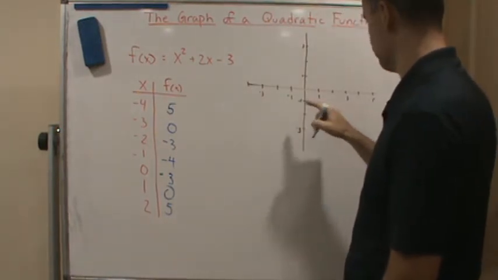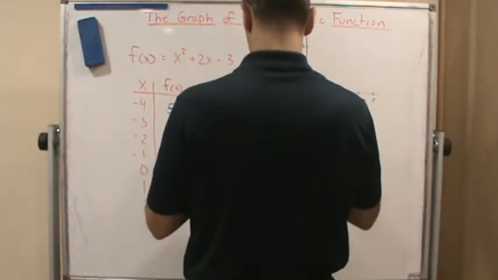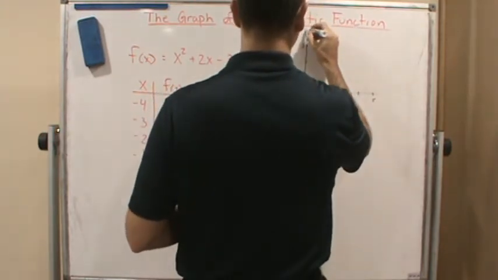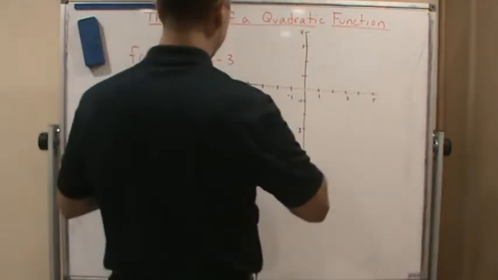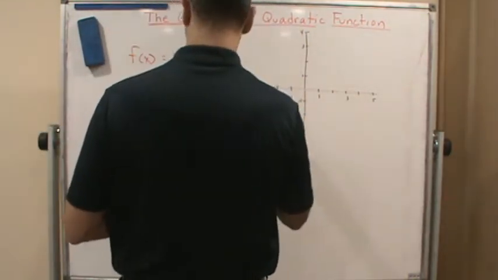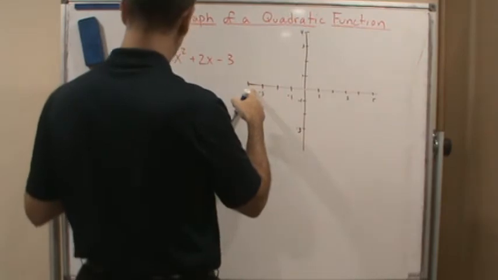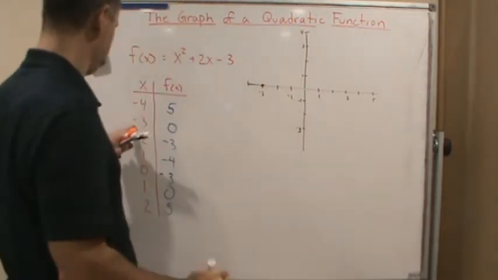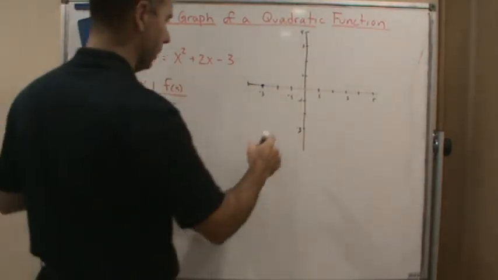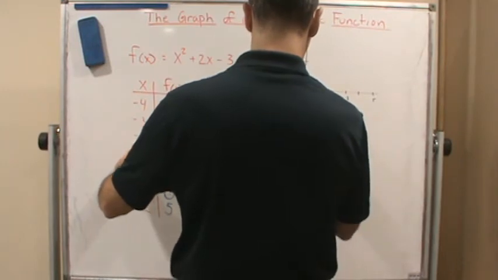If we plot these points, -4 comma 5 is way up here, so let's extend this. Then -3 comma 0 is right there, and -2, -3 is about right there.